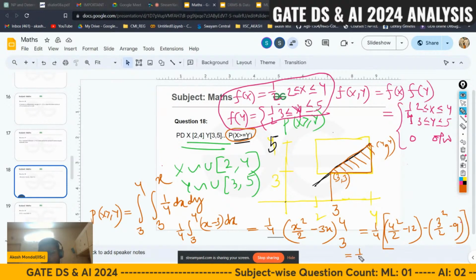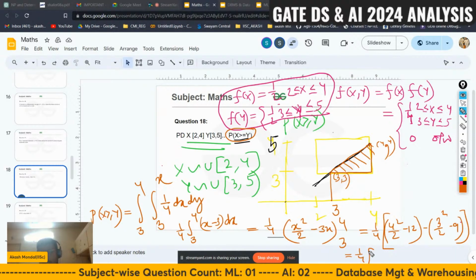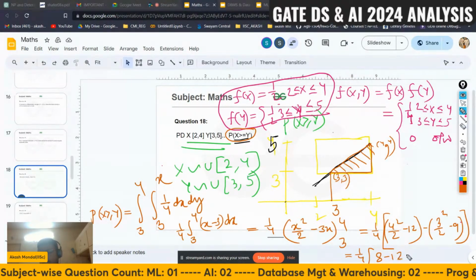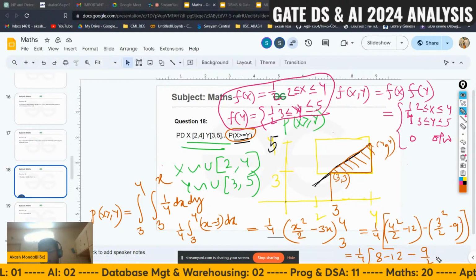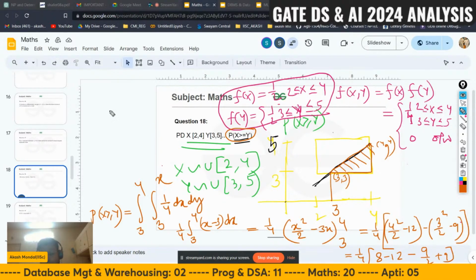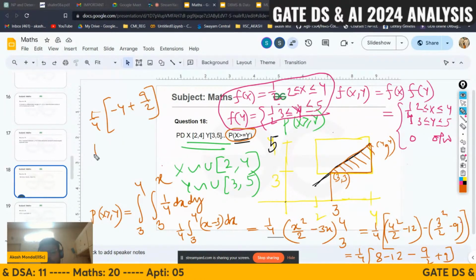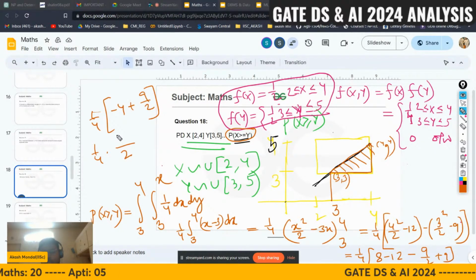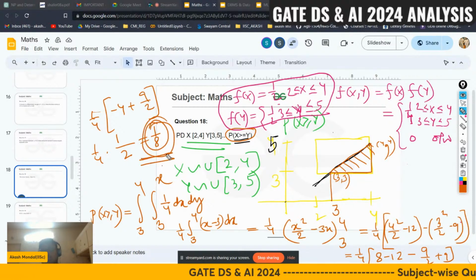Now this is 16 by 2, which is 8, minus 12, minus 9 by 2 plus 9. If you compute it, you will get minus 4 plus 9 by 2, which is 1 upon 4 times 1 by 2. So 1 by 8 is the answer to this question.